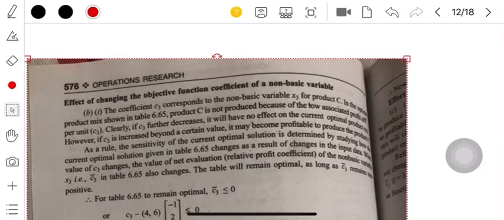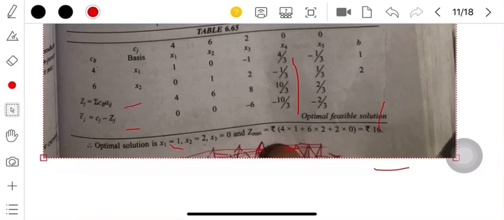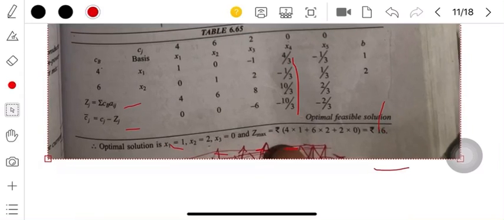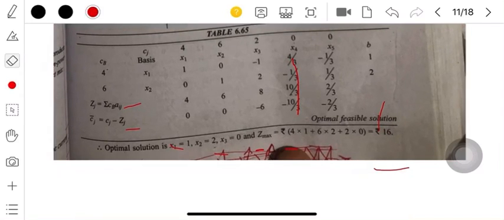Let me check. In the final optimal solution, the value of C3 bar should not be positive. Which value? This value. Suppose this value is changed to C3, so we have to see how much change we can make.